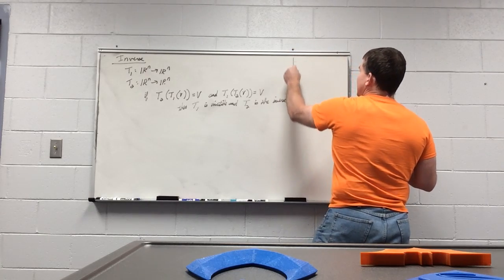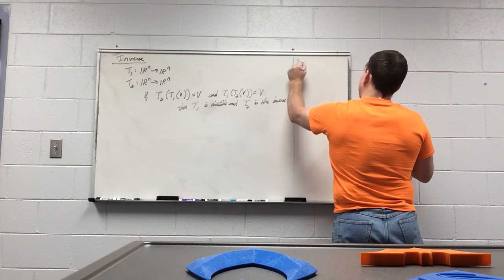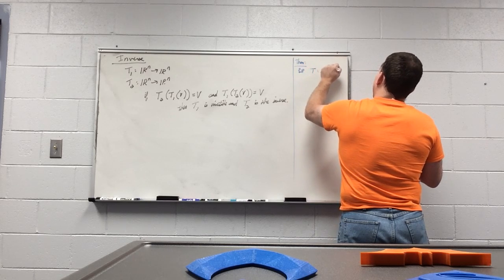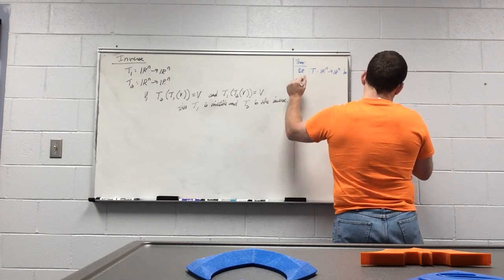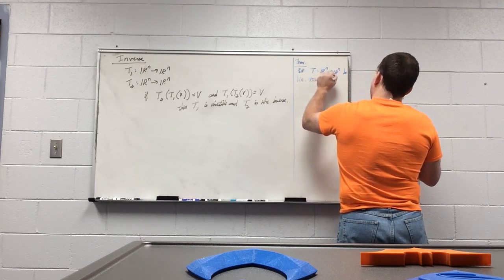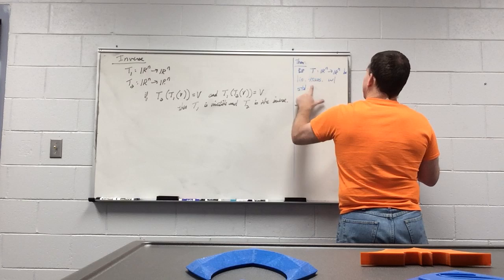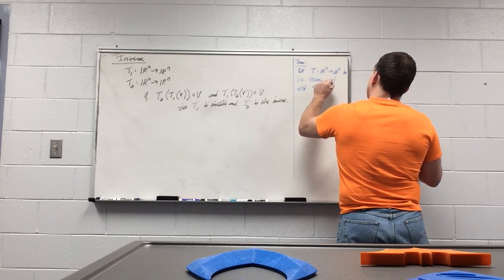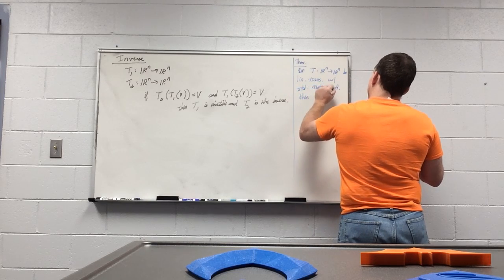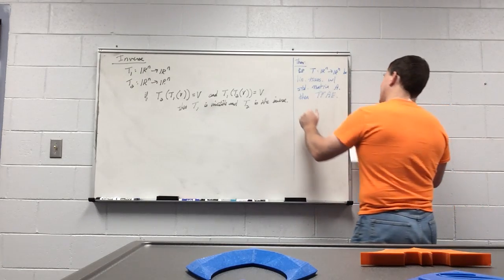But we do get this. Let T map R^n to R^n be a linear transformation with standard matrix A. Then TFAE, which you all know now means the following are equivalent. 1.